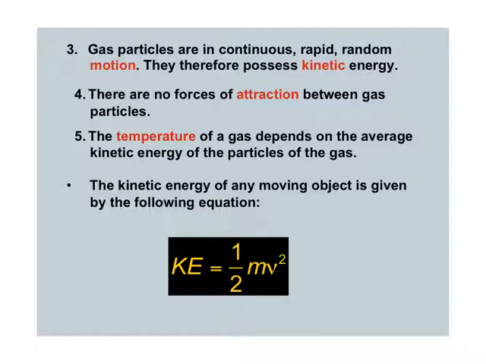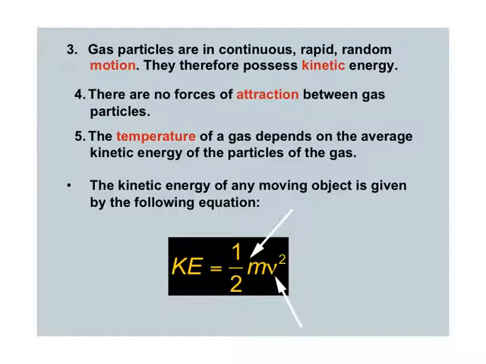Now, something very important to understand here is kinetic energy, which you may have learned last year. The formula that we use to find that is 1/2 the mass of the gas particles, whatever, times the velocity squared.